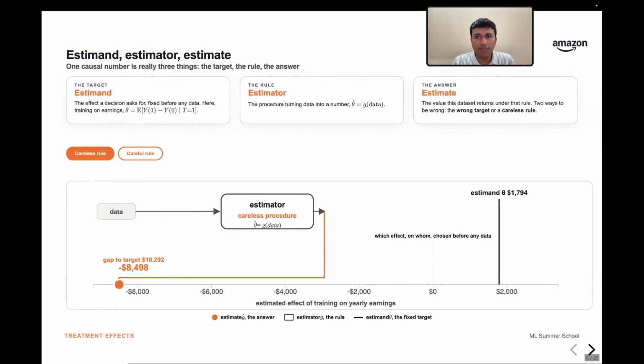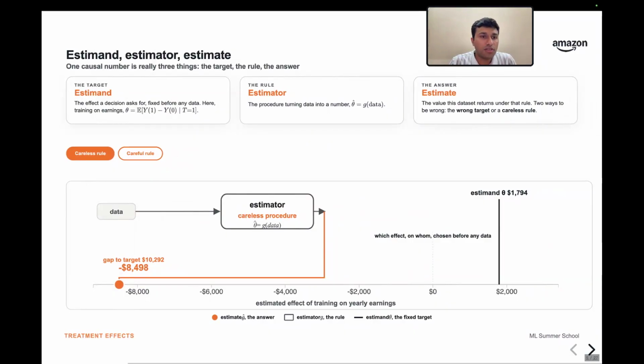So in the example that we were just looking at, we are looking at the quantity, or the increase in salary, due to an internship in the past, right? We are looking at the effect of this intervention, which is giving an internship, on the final outcome, which is the salary of a person.